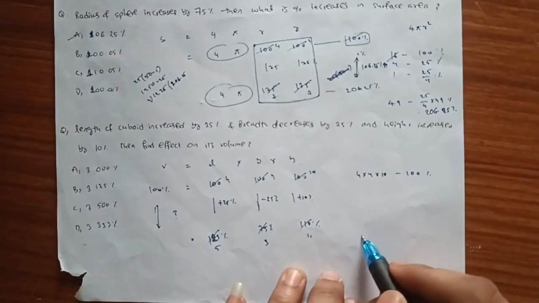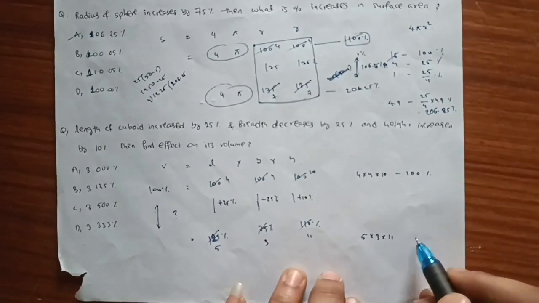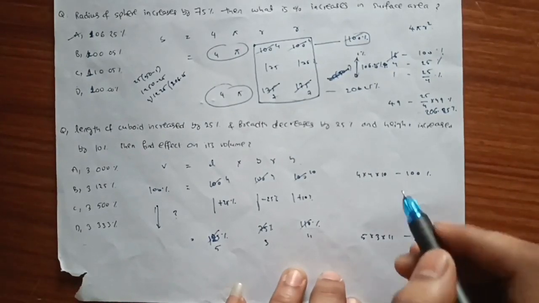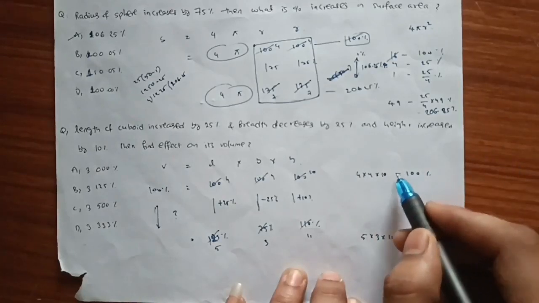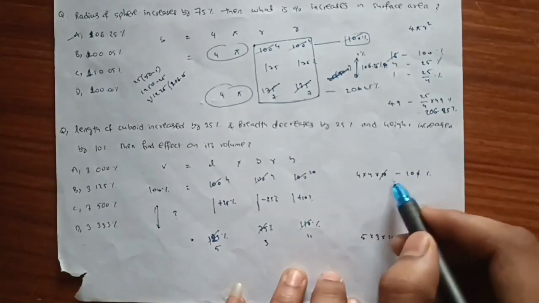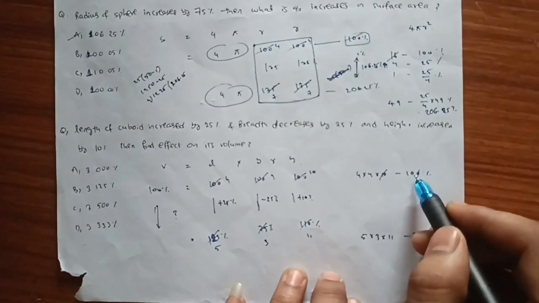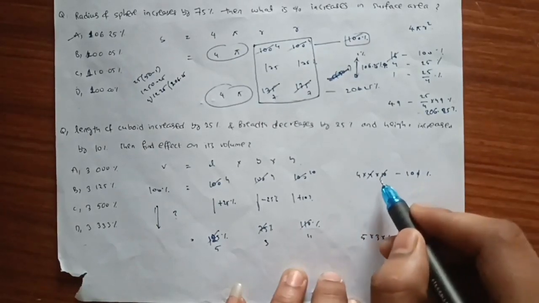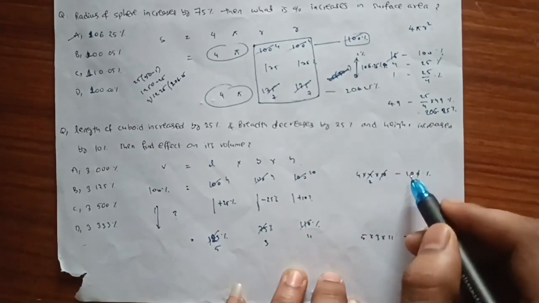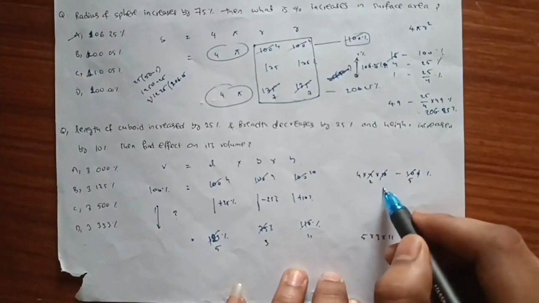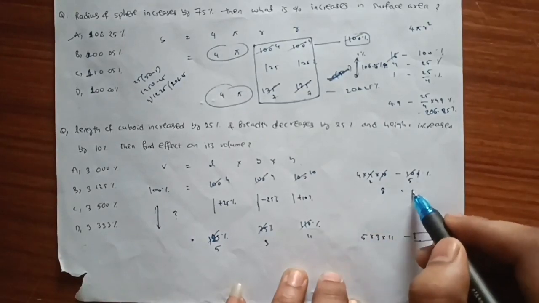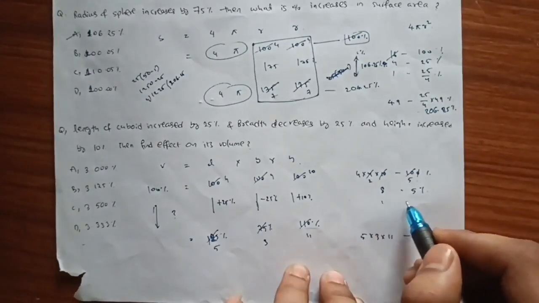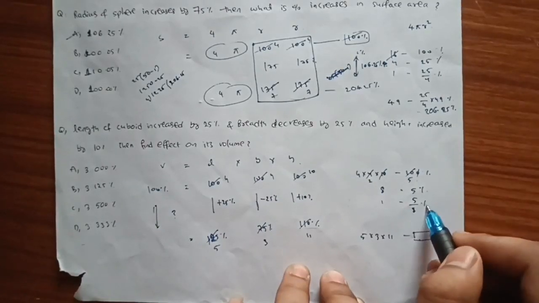Then we need to find 5 into 3 into 11, what is the percentage value. When you observe clearly, we can cancel out with 10, which is 100, and 4 2 4 2 2 4 and 2 5, so 8 equals 5%. That means for 1 it is 5 by 8%.